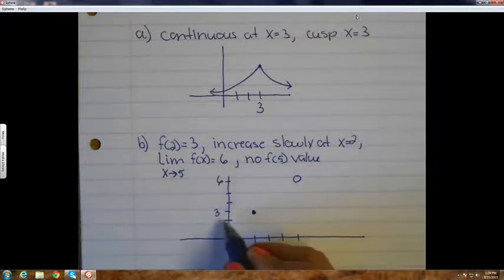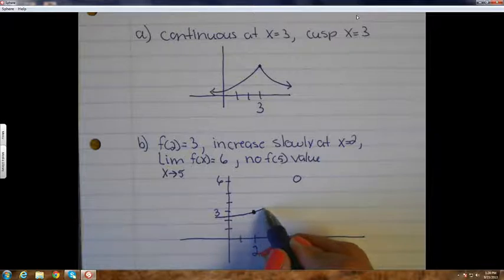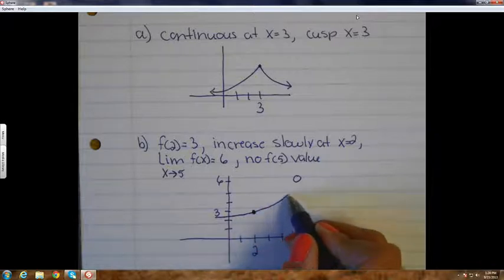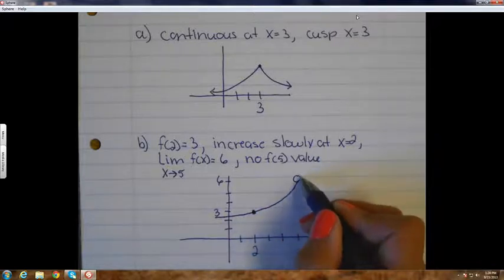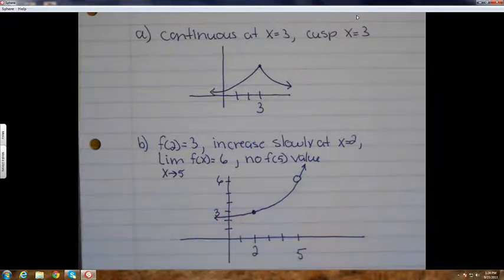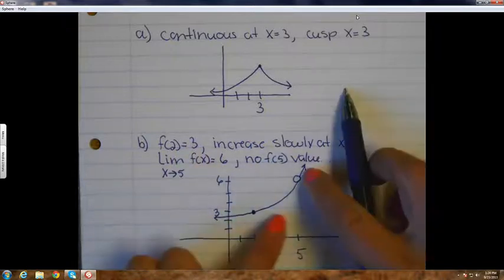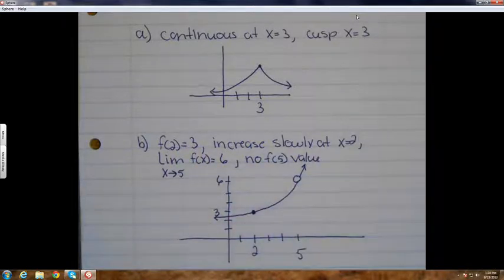So increasing slowly, that's just a real shallow, uphill curve. And it doesn't say what it does, so it doesn't matter. And there it is. I think I've met everything. I've got the point, increasing slowly, it has a limit, but no value. I skipped over an easier one in here, but I think you'll be fine.